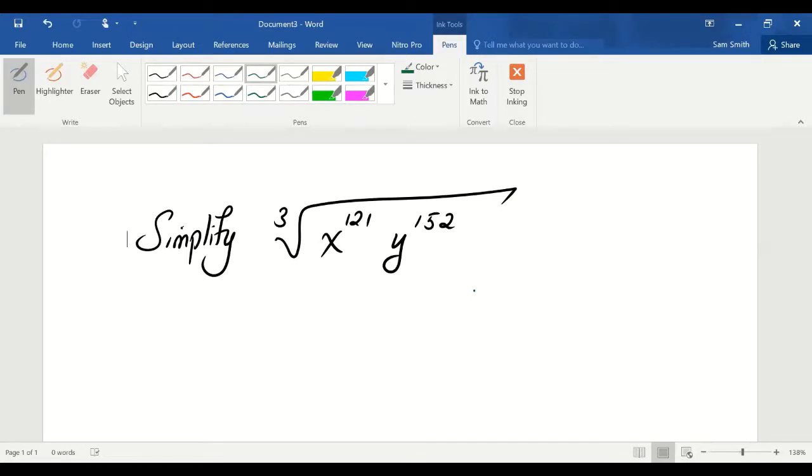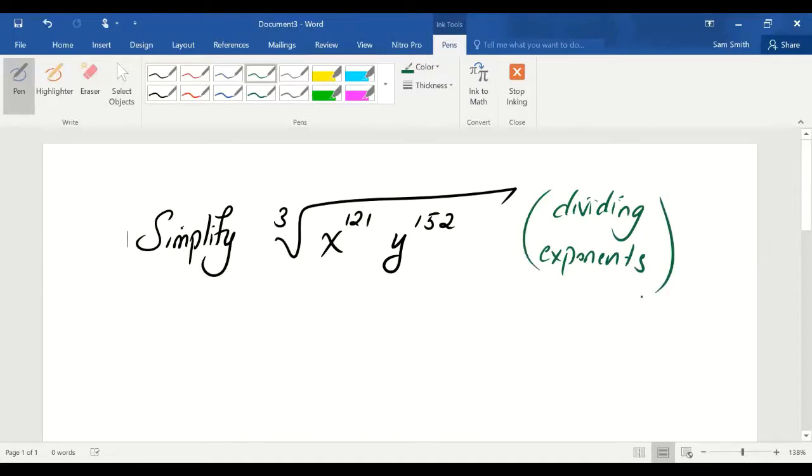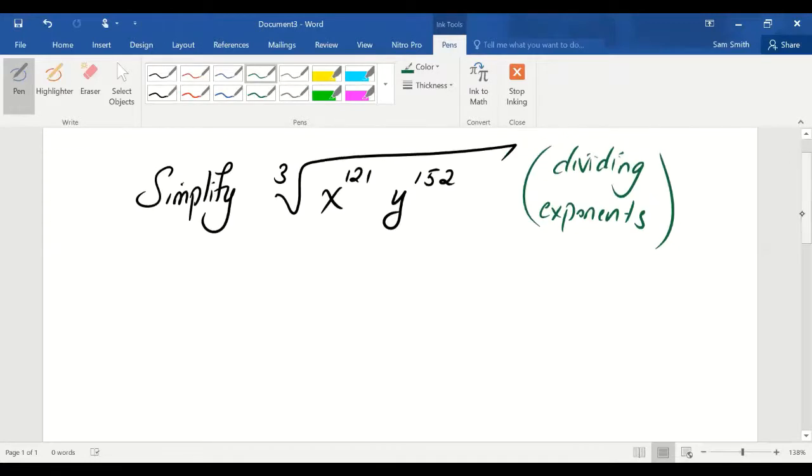So we're going to come up with an alternate method, which I will call dividing exponents, to help us when the exponents are really large like this, and it's tedious and not efficient in terms of time to write down and group the factors. So here's the principle.